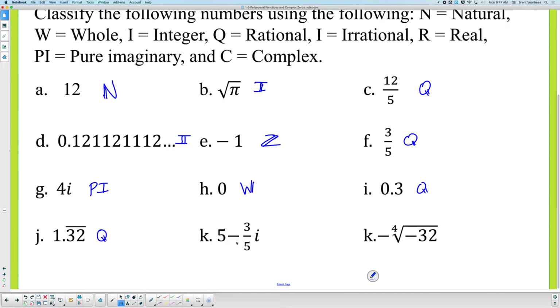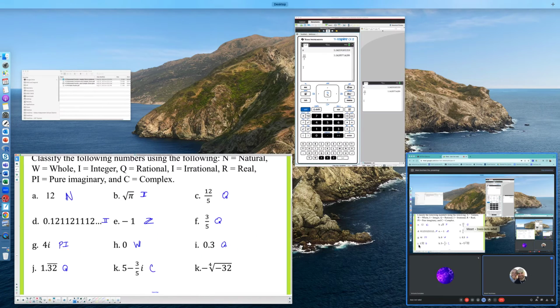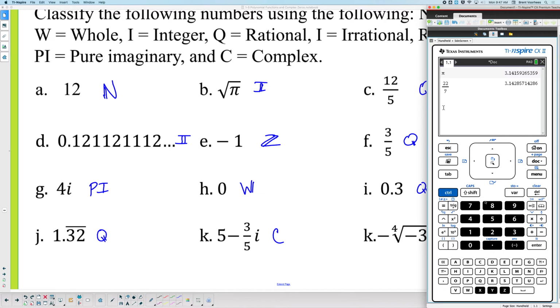K. Imaginary. This has imaginary and it has a real number 5, so this is complex. Good. Complex. And finally, last one. Give you a hint. Type that in the calculator. It's not an integer, so it's negative.